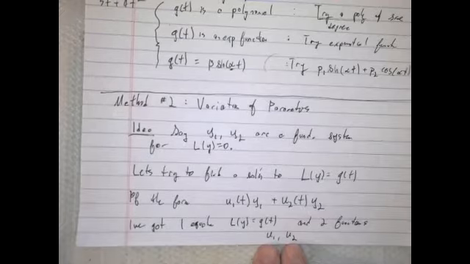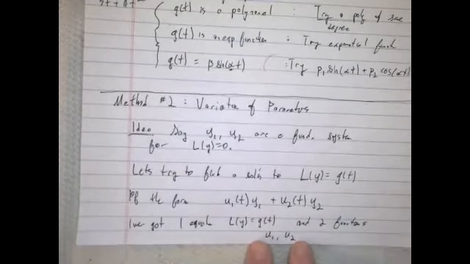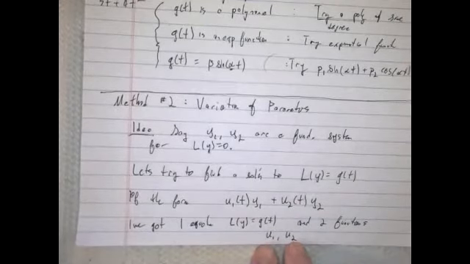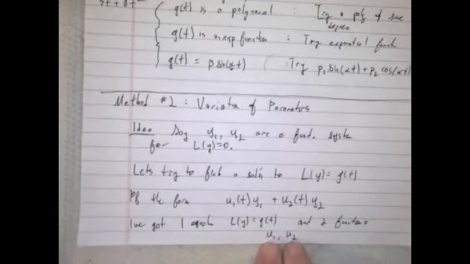Or another way to look at this is if I were somehow able to introduce a second equation in terms of u1 and u2, then maybe I could solve for u1 and u2 more or less uniquely, because if I've got two equations and two unknowns, then I have a chance of solving them.